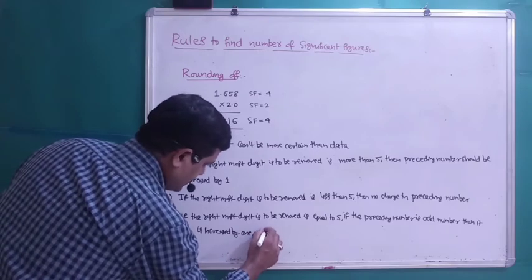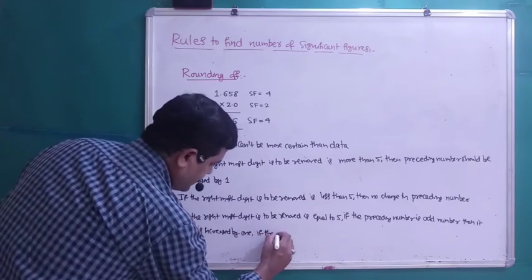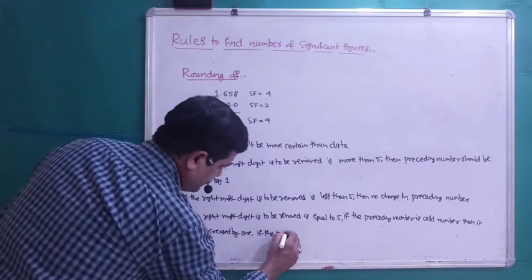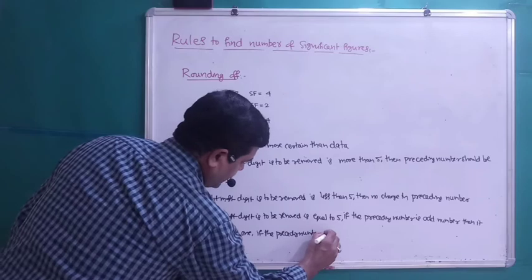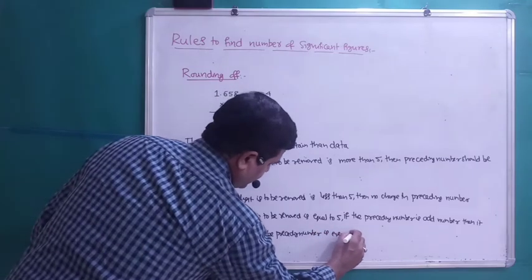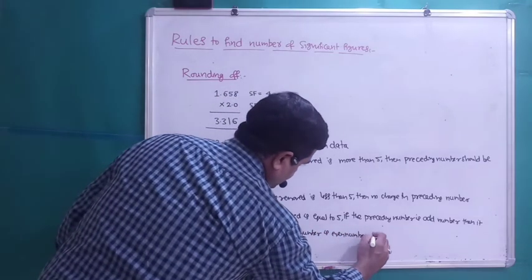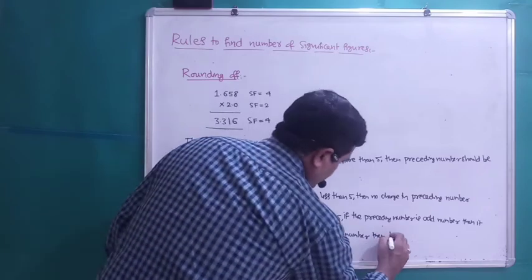If the preceding number is an even number, then there is no change.